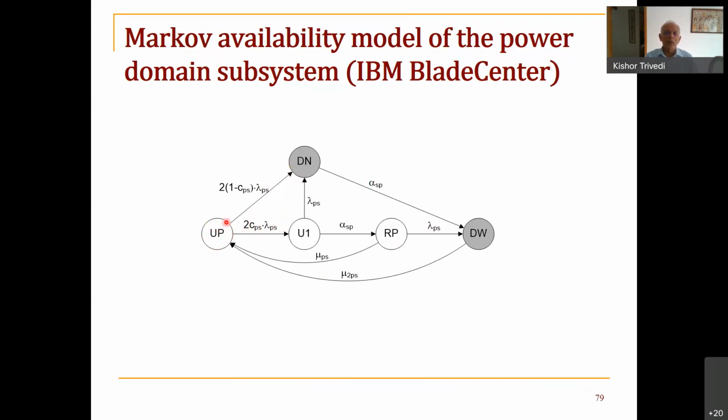It is possible that the first power supply failing will bring the system down with some probability, 1 minus c PS. And with some probability, the first power supply failing, the system doesn't fail. So these kinds of notions of imperfect coverage or so-called common mode failure cannot be easily accommodated in the fault tree or reliability graph or reliability block diagram. You need a Markov chain for this.